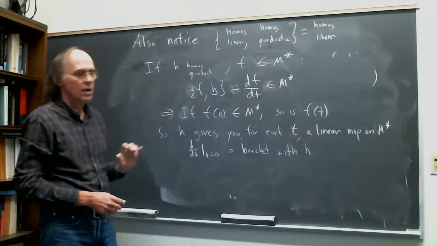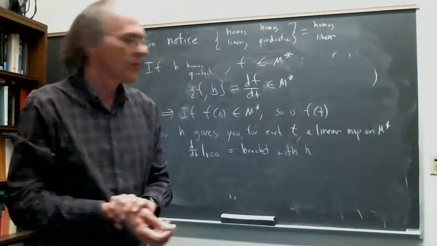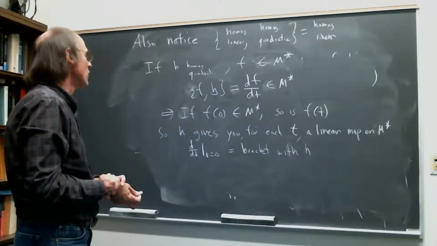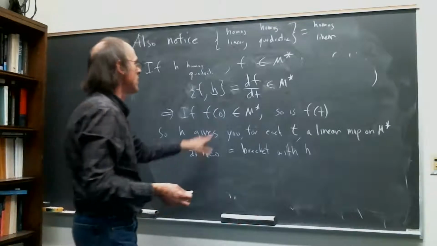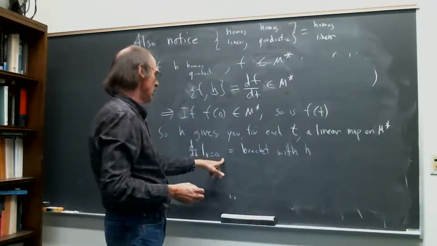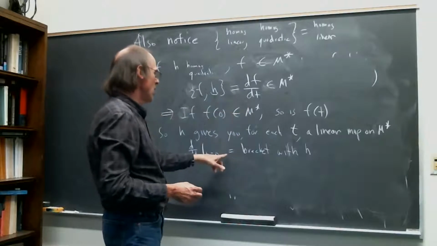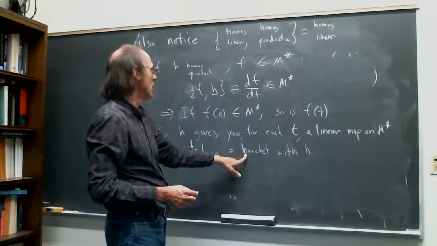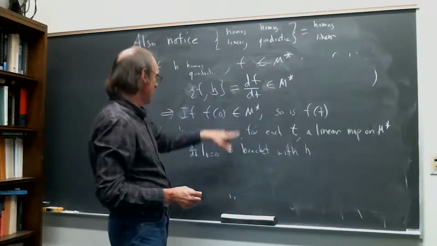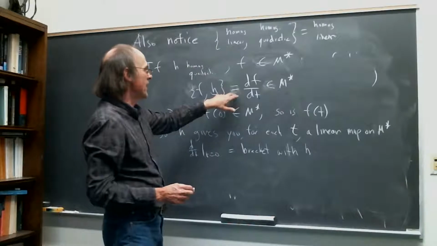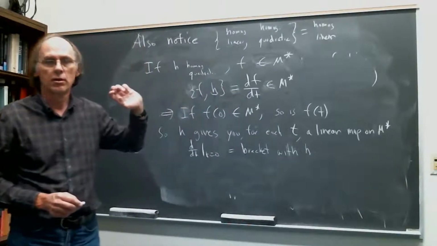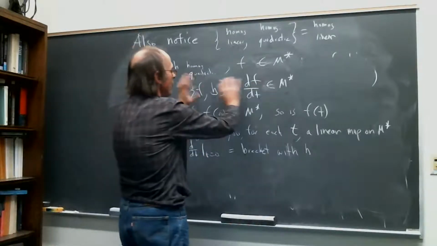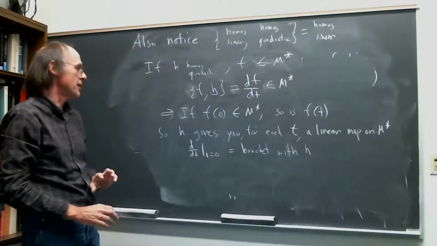Yeah. So I'm asking, for the last equation you wrote, just looking at the operator, the derivative evaluated at time equals 0, on the right hand side. Without the condition that we're evaluating at time equals 0, then it's just bracket with h as you wrote. Yeah, I guess all I'm doing here is restating this condition at t equal to 0. This is an equation I can try to solve for any t.